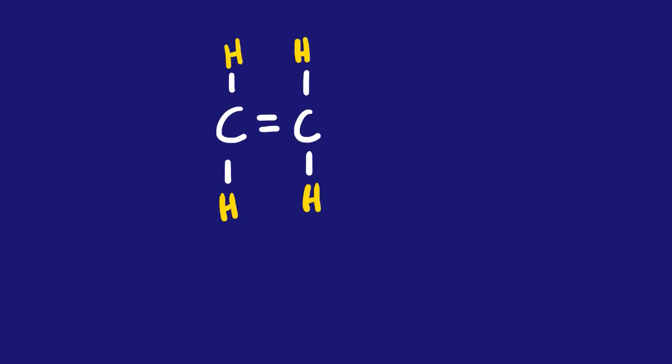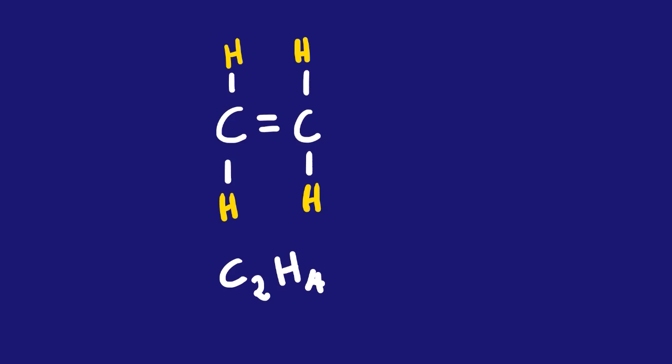And then looking at the bonding electrons, we have 1, 2, 3, 4, 5, 6, 7, 8 for this carbon. Since this carbon is identical to this one, it simply means it also has 8 valence electrons. And then the molecular formula for this will be C2H4, since you can see we have 4 hydrogen atoms.